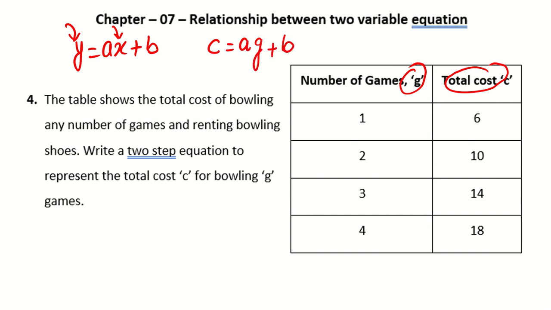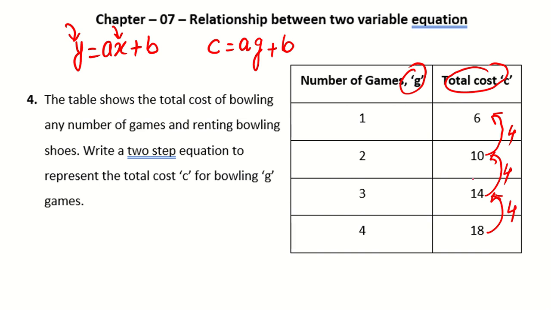Now our prime target is to find the value of a and b. Okay, so if a graph is given to us, then b is the point where it cuts the y-axis. That I will tell you separately in a different question. Now here, how will you find the value of a and how will you find the value of b? So try to understand this. Subtract all these numbers. Means 10 minus 6 is 4, 14 minus 10 is 4, 18 minus 14 is 4.